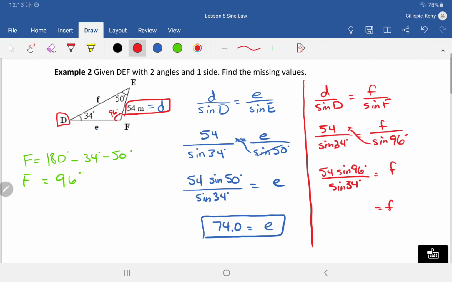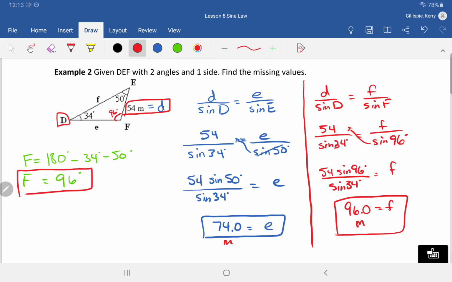So 54 times the sine of 96 divided by the sine of 34, and f is 96.0 meters. E was meters as well because we had done a side length. And capital F was a degree. And there's the whole triangle solved.